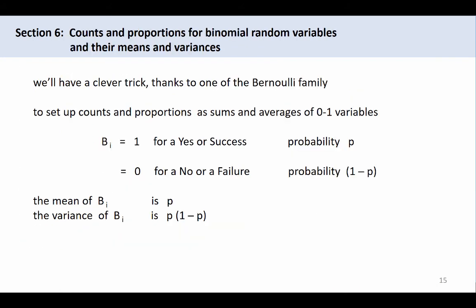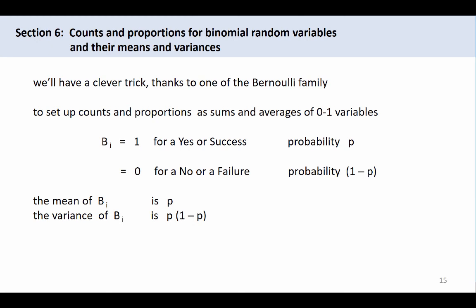Now, section 6 is going to be a little bit wild and crazy. We are going to look at counts and proportions for binomial random variables and their means and variances. But thanks to one of the famous Bernoulli family of physicists and mathematicians and probability theorists, we're going to set up counts and proportions as sums and averages of 0, 1 variables.